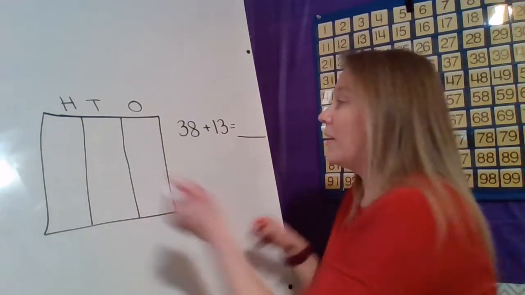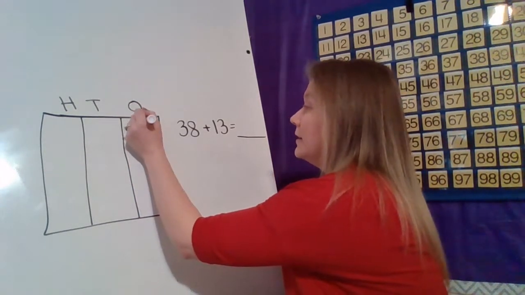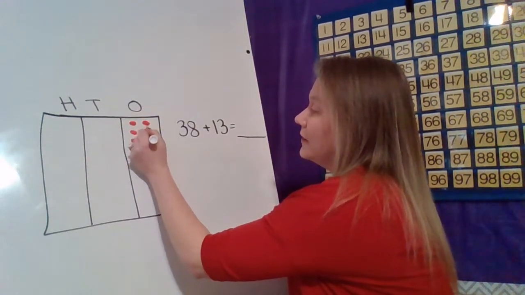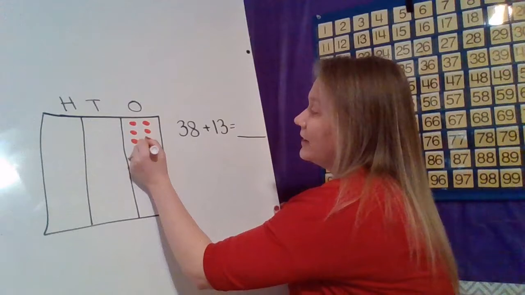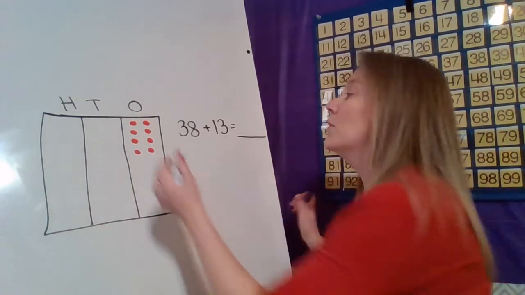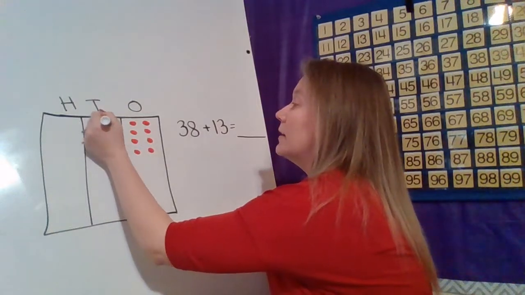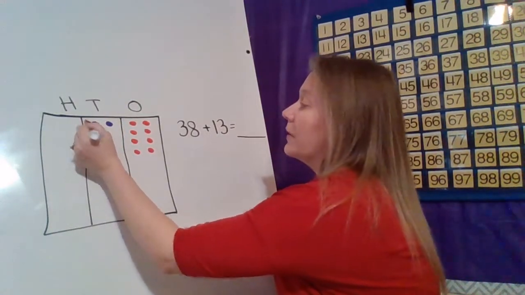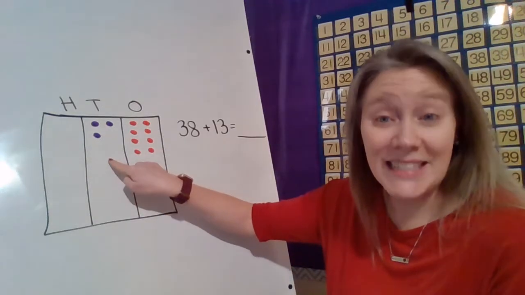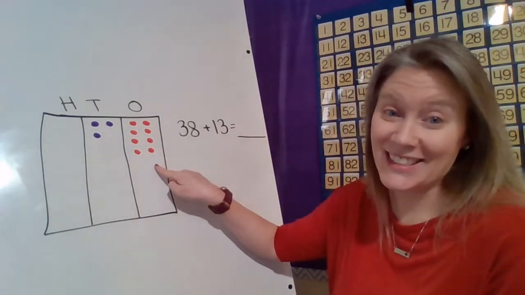So I'm going to draw my 8 ones. 1, 2, 3, 4, 5, 6, 7, 8. And now I'm going to draw my 3 tens. 1, 2, 3. There, I have drawn 38, 3 tens and 8 ones.